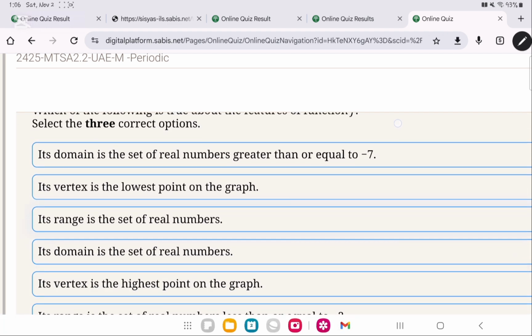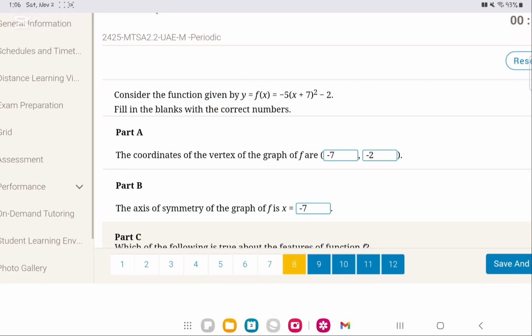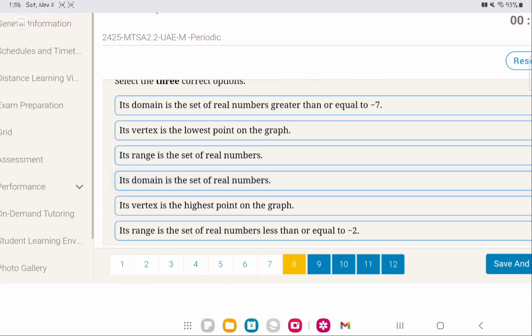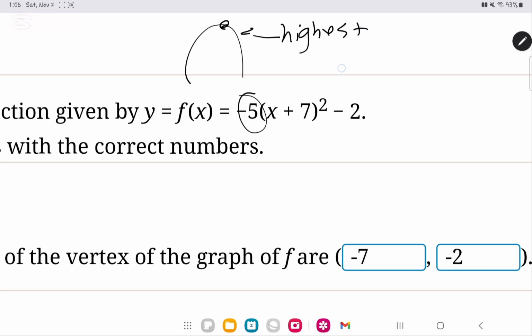Now we move down. Let's go back and discuss this function. We have that it is negative, so it's definitely open downwards, and the vertex is the highest point.